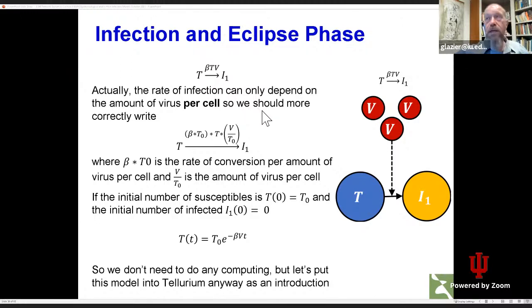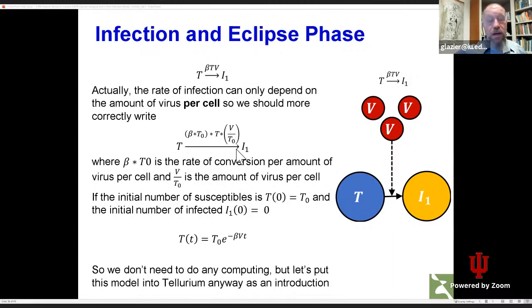Similarly, in this case, V usually represents the total amount of virus in the system, but what you care about is the amount of virus that you as an individual cell are encountering. And so we should be dividing the amount of virus by the initial number of uninfected cells.